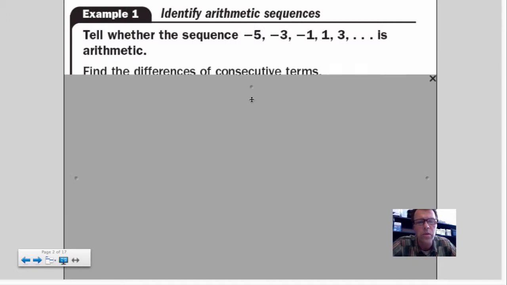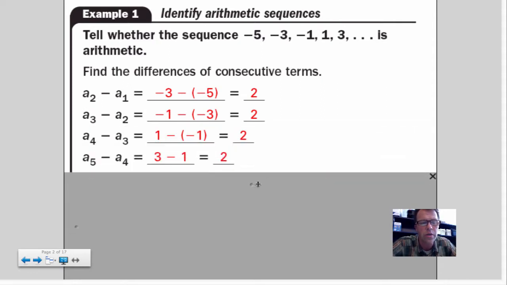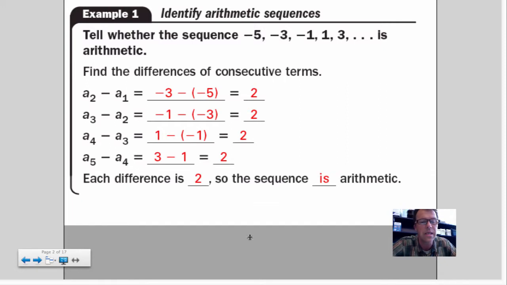Well, first thing we would do is ask, what is the common difference between all the terms? You take every term, subtract the previous term, and you notice that we're constantly adding 2 to the terms to get this sequence. And so therefore, yes indeed, it is an arithmetic sequence.